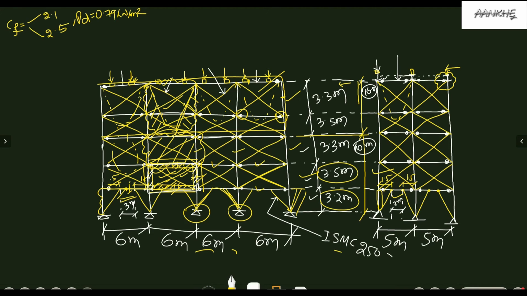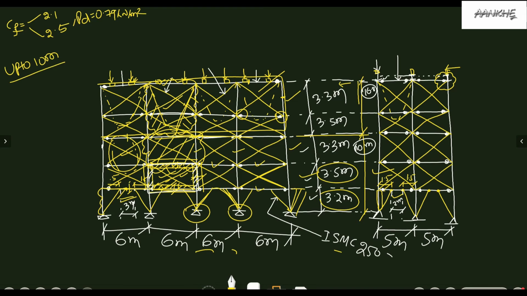So let us calculate the forces up to 10 meter. We will neglect this consumption as compared to this much of frame. Let us neglect it to simplify the calculation. Because forces will be lesser here, let us take higher forces in this region as well. So up to 10 meter I am calculating.